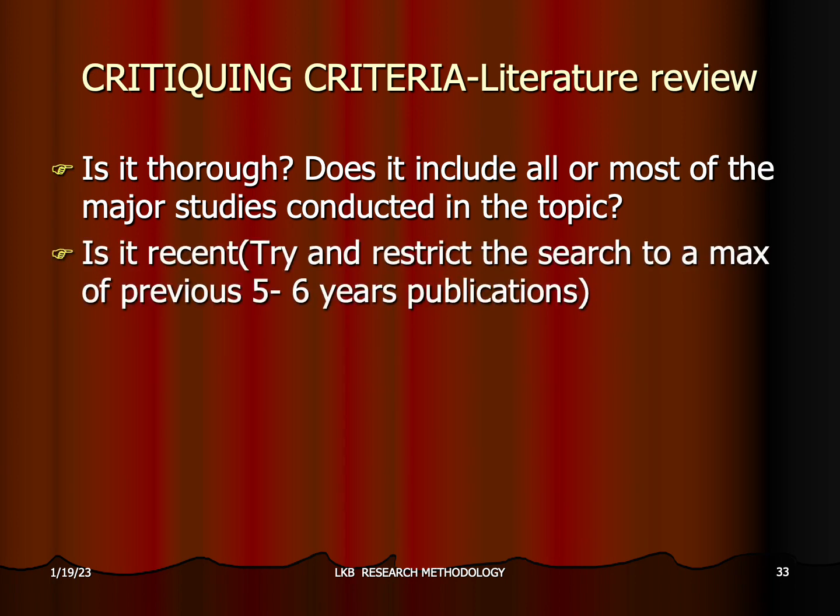Is it recent? We always try to restrict the search to a maximum of 5 to 6 years if you want something recent. If it is not an area which is very well researched, or you want to look at the historical development of something, then you can go to earlier studies. But usually 5 to 6 years is good.